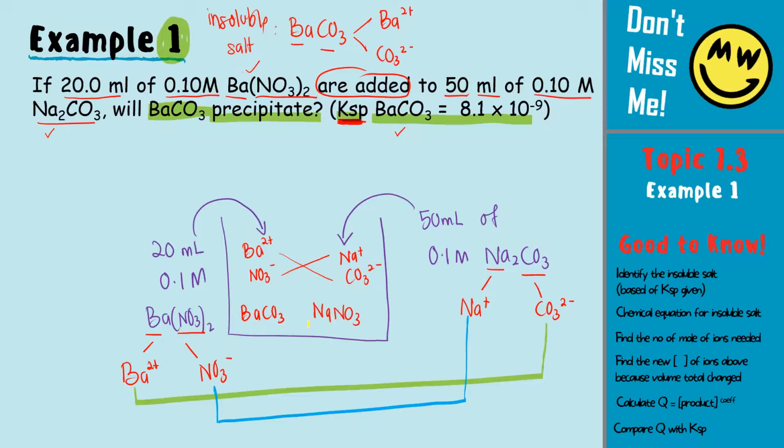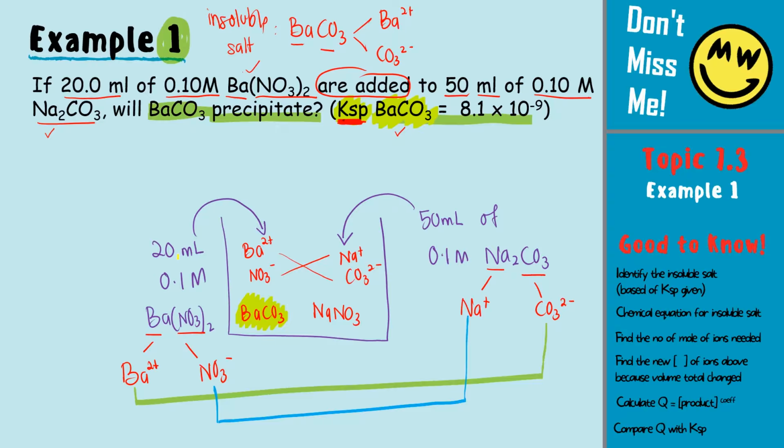And in the two salts that you produce from this solution, we are looking at which one? Obviously, the question mentioned KSP for barium carbonate. Therefore, we will only focus on the barium carbonate. Can you see that? Alright. So in other words, your barium carbonate is the one that will be the insoluble salt.